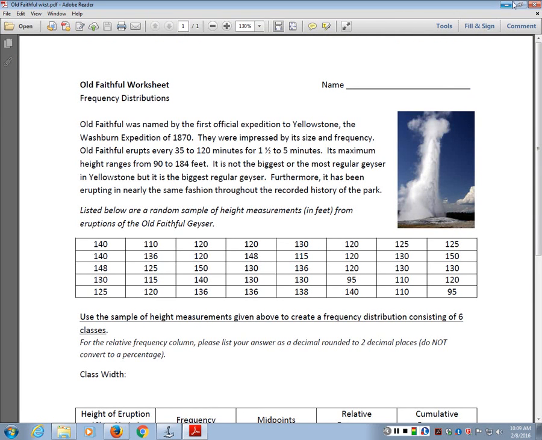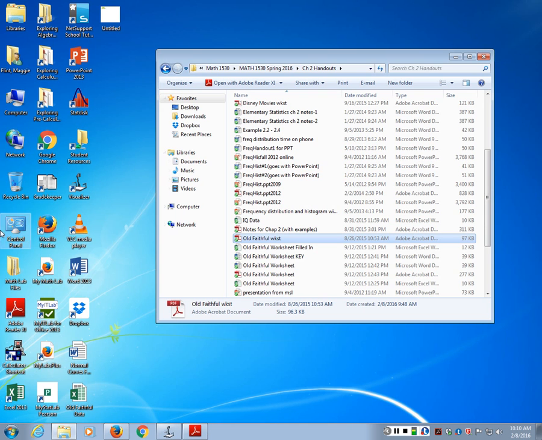Okay, so I've got the Disney movies worksheet up here. Now I'm going to cheat a little bit. I'm going to actually copy and put it in. Let me see if I have a Word copy of it.